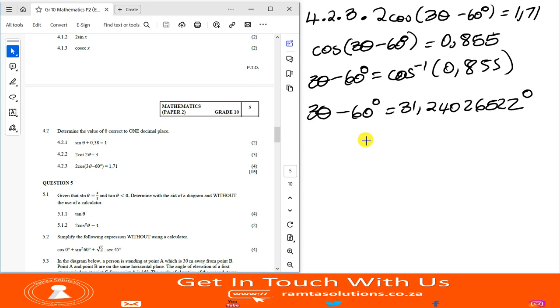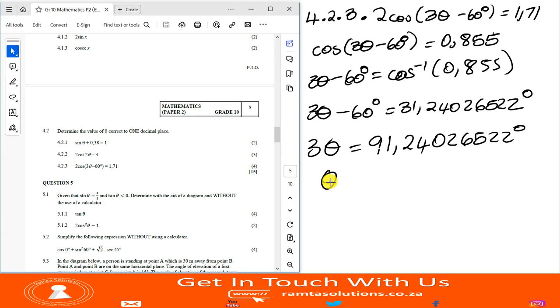Now 3 theta is equal to, remember the 60 goes to the other side, it's negative. When it gets there, it will be positive, so it will be 60 plus 31.24026522, which is 91.2402652 degrees.